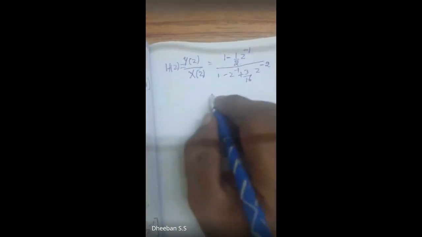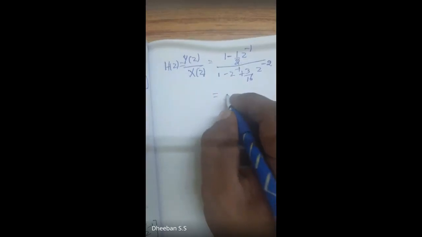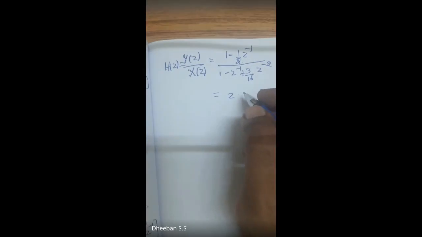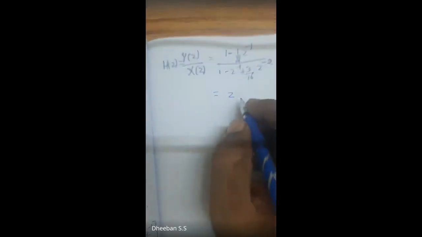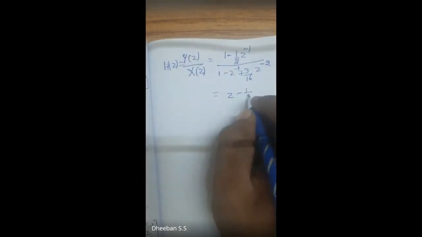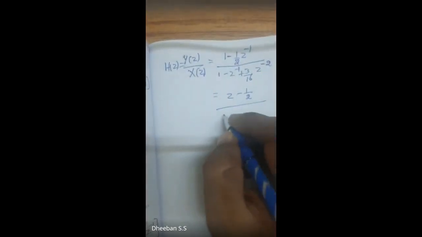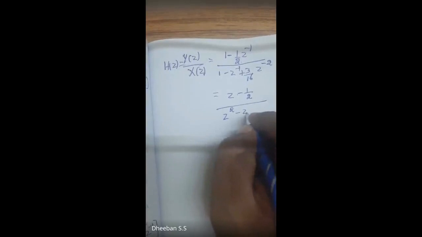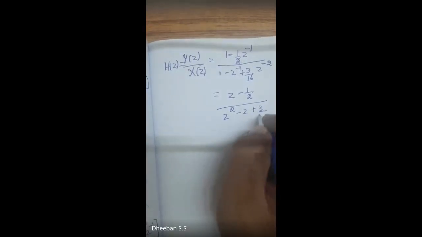Now multiplying by z, we will be getting z minus 1 by 2 divided by z square minus z plus 3 by 16.